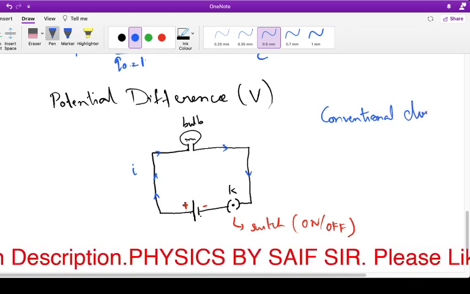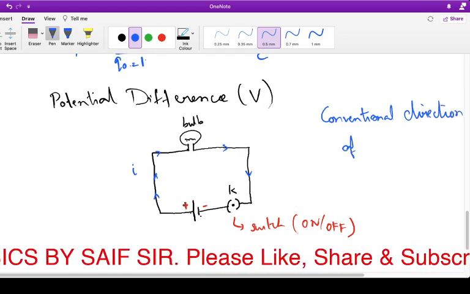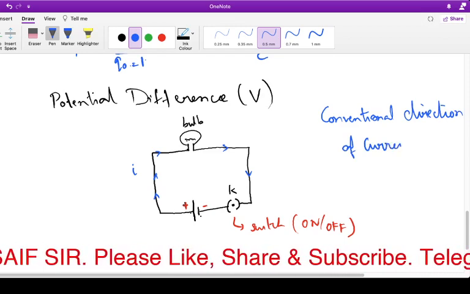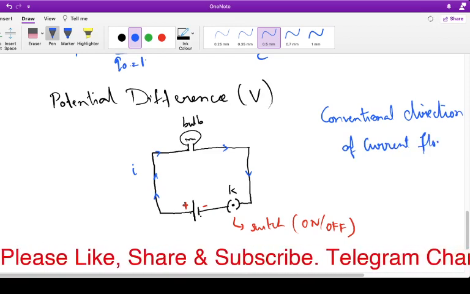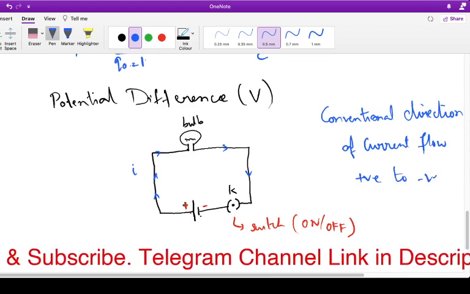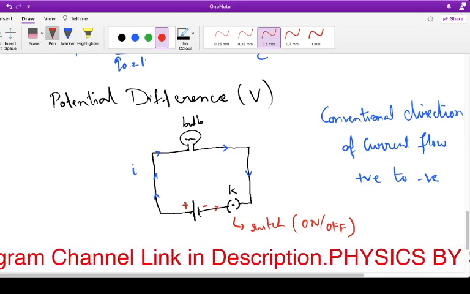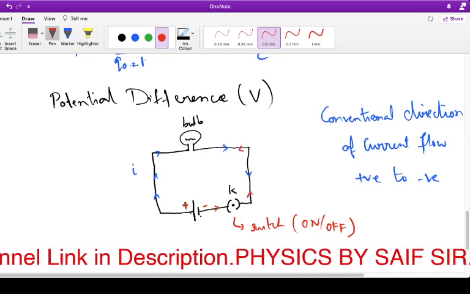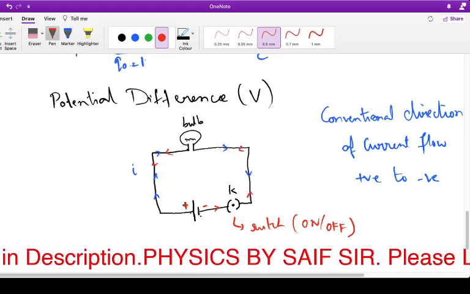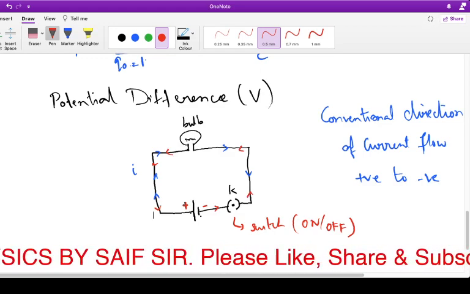And the direction for the flow of electrons is from negative to positive. So you can draw it like this.